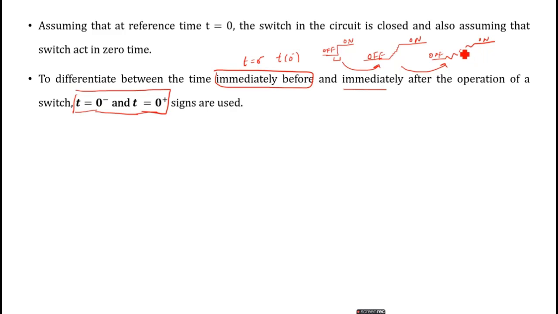If this is t is equal to 0, this portion is called immediately before switching, t is equal to 0 minus. This portion is called immediately after switching. These two time intervals are measured in milliseconds, microseconds, or even nanoseconds. Keep that point in your mind.